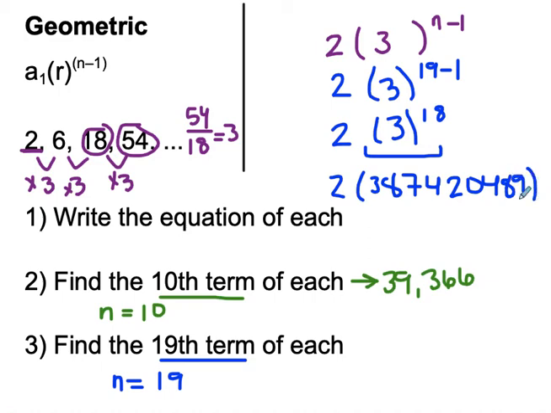And we still need to multiply that by 2, which is going to give us this. And that is how you find the nth term of a geometric sequence and write its equation.